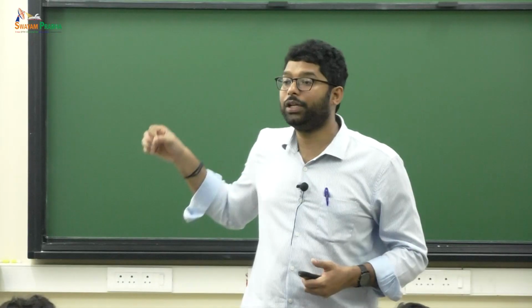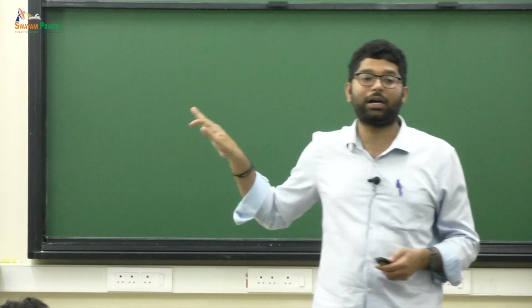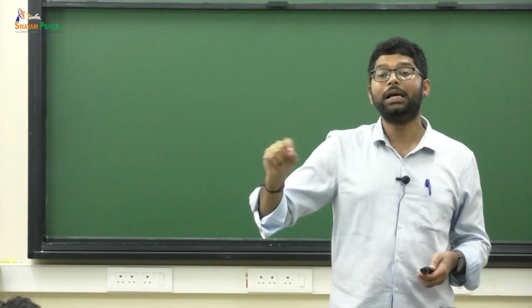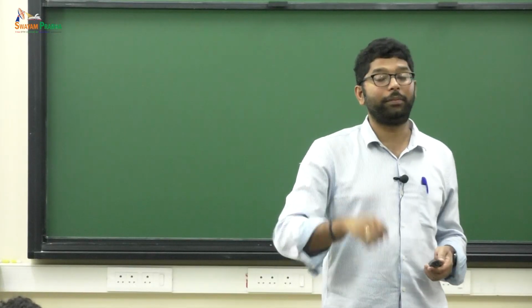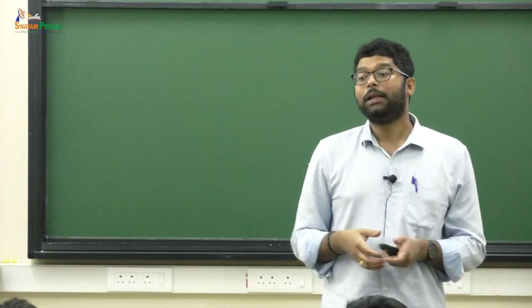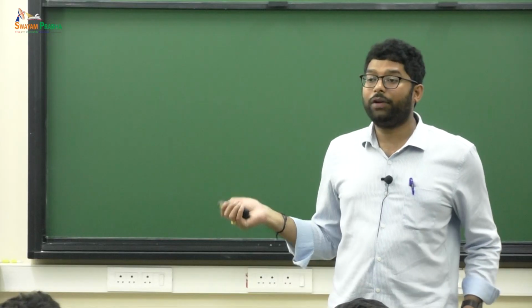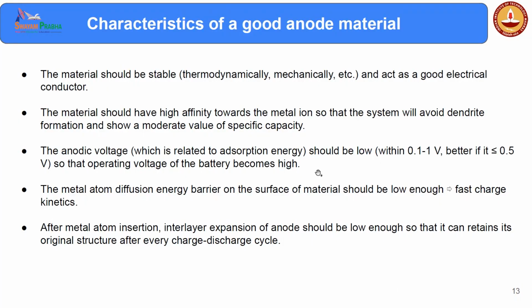Since we are concentrating only on the anode material in this case, if the ionic conductivity of the material is better, then obviously we are helping the battery. Finally, after metal atom insertion, the interlayer expansion of the anode should be low enough so that it can retain its original structure.